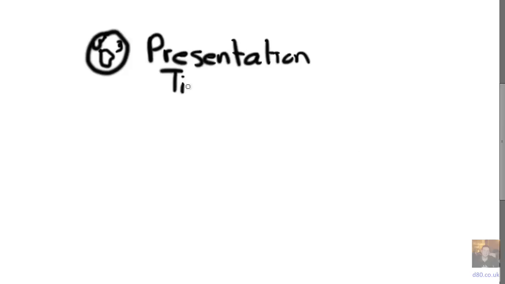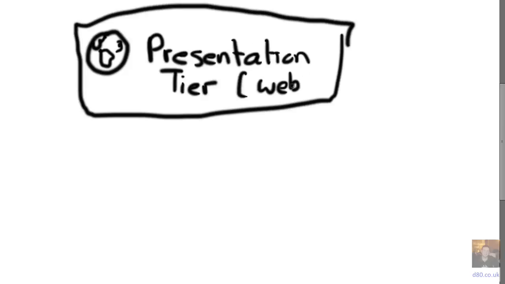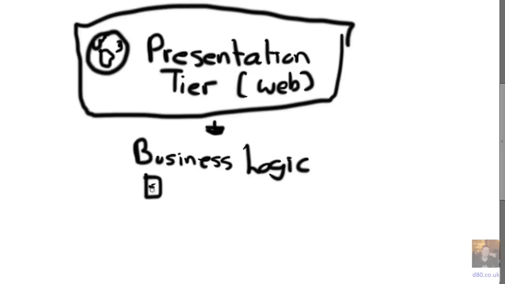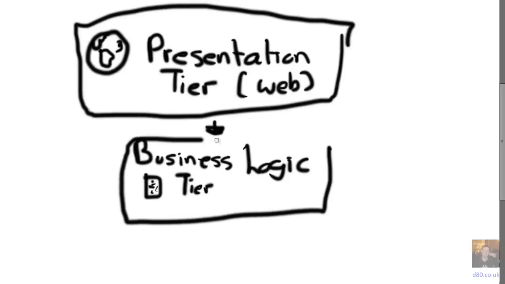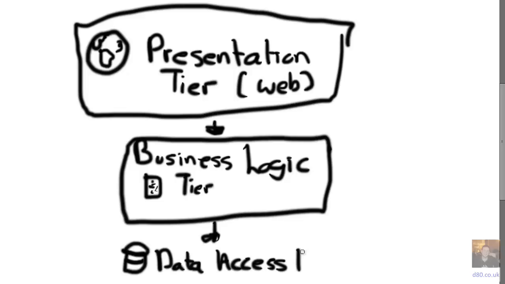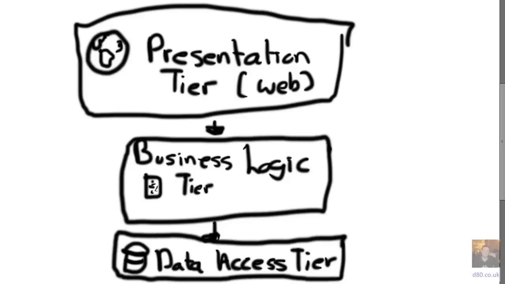Imagine we've got our presentation tier, often like a web tier for example, and we've got a direct reference to our business logic, and then in turn the business logic has a direct reference to our data access tier, and this is the traditional three-tier application.